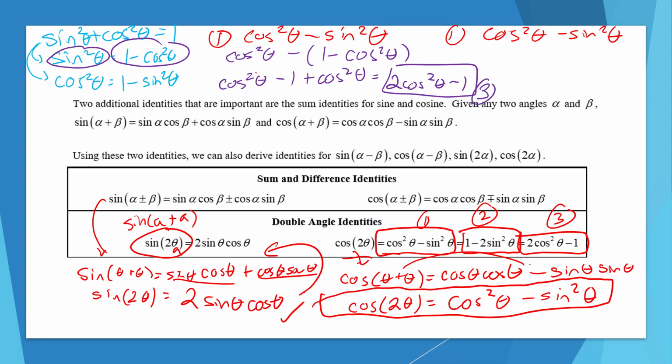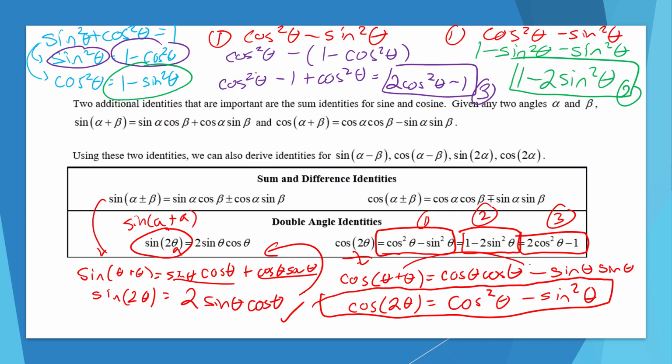Let's do the same with this one, but replace cosine squared with 1 minus sine squared. So this would be 1 minus sine squared theta minus sine squared theta. This simplifies to 1 minus 2 sine squared theta, which is equation number 2, and that's how we get our second equation there.